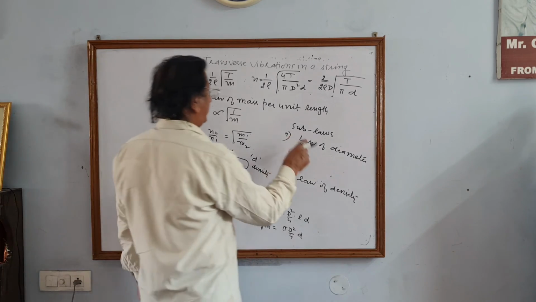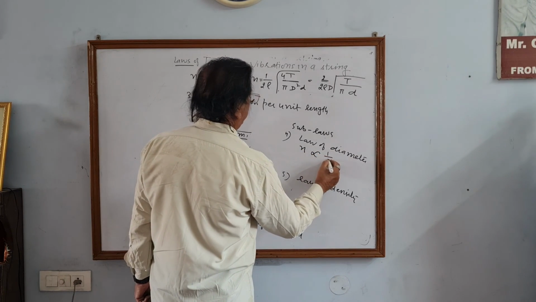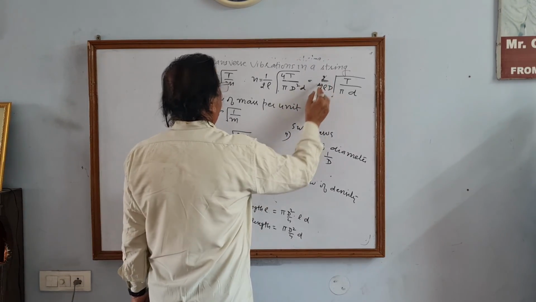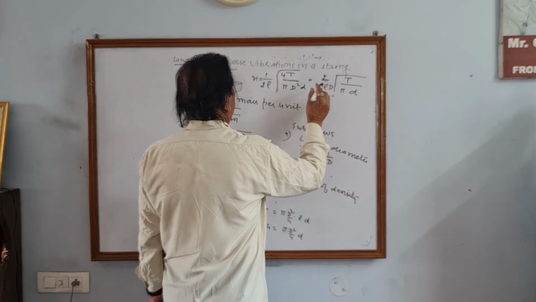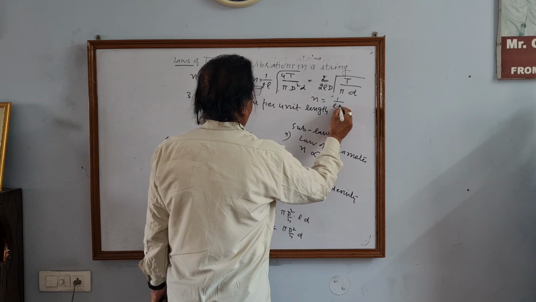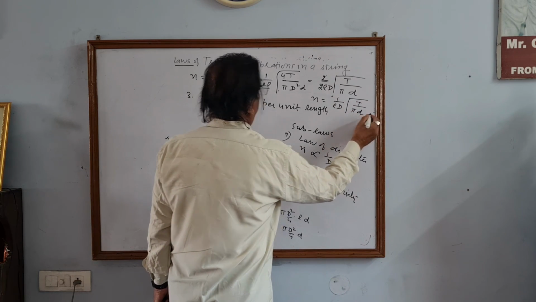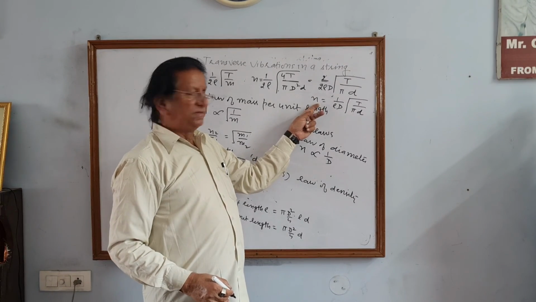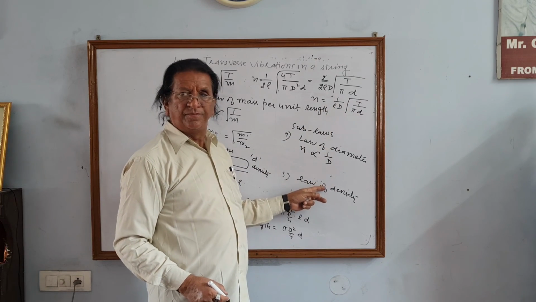The law of diameter, which means fundamental frequency is inversely proportional to diameter. 2 will get cancelled by this one. So you have this relation n equals 1 over D l square root of T by pi d. How is fundamental frequency related to the diameter? It is inversely proportional.